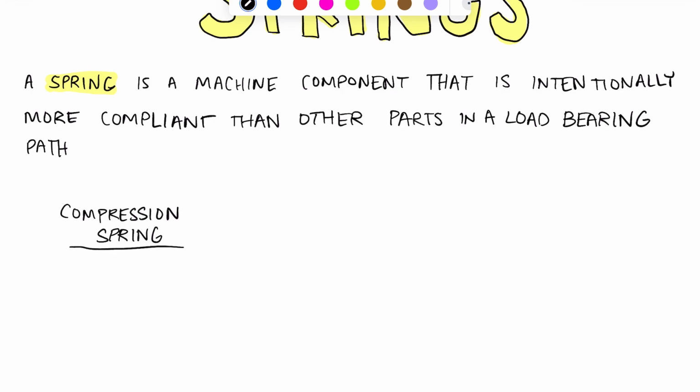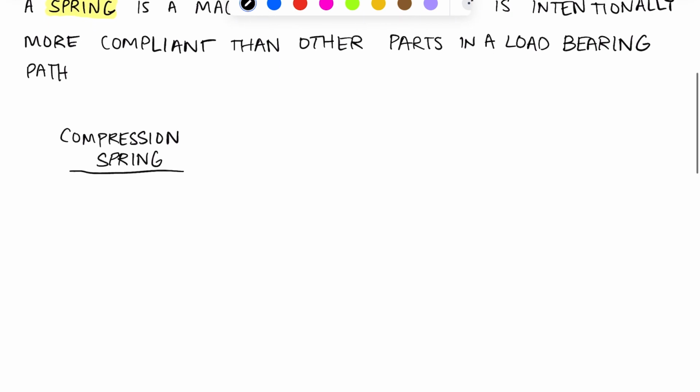So these are the springs that exist inside of your ballpoint pen. They experience compression. That's the deflection that they're designed to provide. So they're designed to absorb energy when you push down on them, compress them.